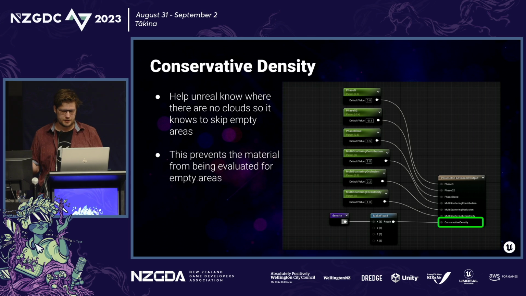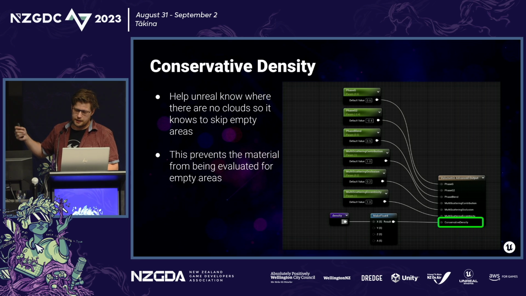In Unreal, there is this conservative density slot. And this is a really powerful thing, which is basically a way to tell the cloud system where density is and where it's not. Because if we plug in a value of 0 there, then every time that remarching algorithm propagates, if it detects a value of 0, it can skip a whole lot of empty space.